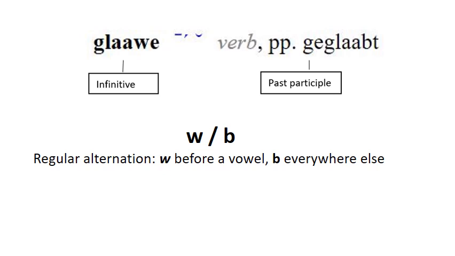In this word itself, geloven, geglopt, we can see that the infinitive ends with an E, so that sound is a W or a V sound there, geloven. But in the past participle, where it ends with a T sound, that sound is a B, geglopt. So we get a W before a vowel. Everywhere else, it's going to be the sound B.